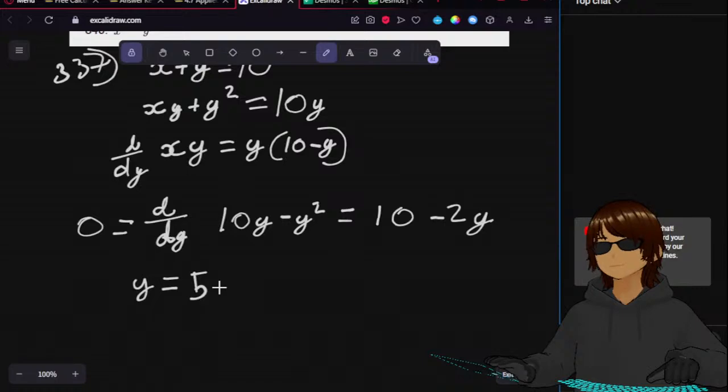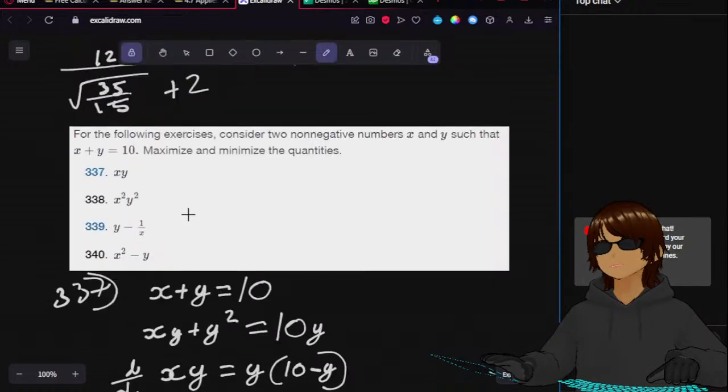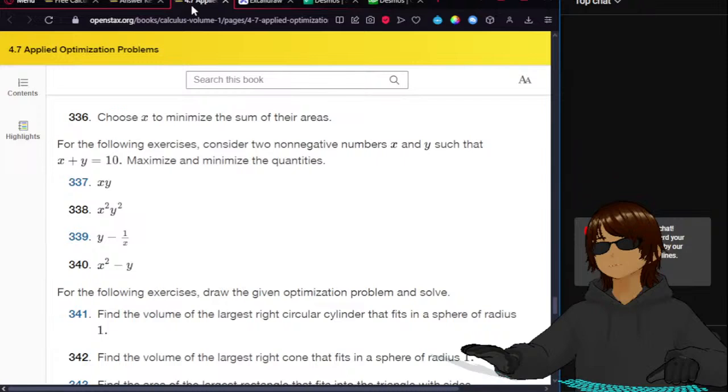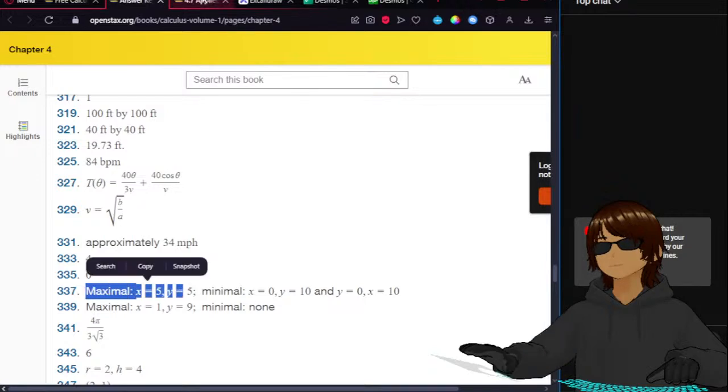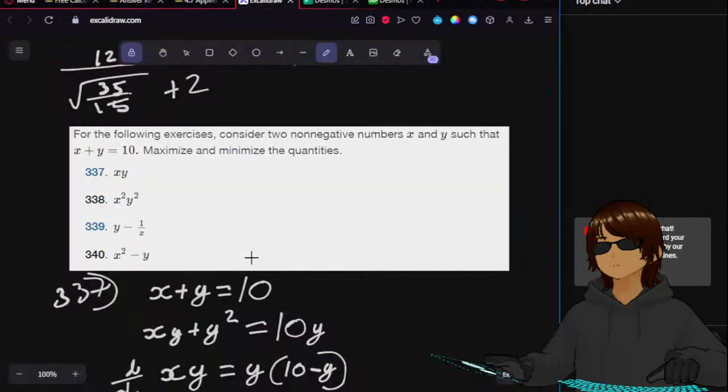Y would be equal to 5. So y and x are both 5. Hold on. 337. So maximum it's 5. This is lacking.